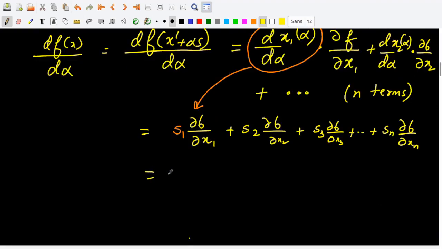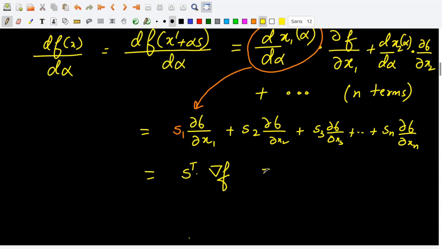And in vector notation, I can simply write it as s transpose gradient of f. Because remember from the previous lecture that the gradient of f is precisely a vector of partial derivatives, these second terms in each of these terms. And s is your vector of s1, s2, and so on.